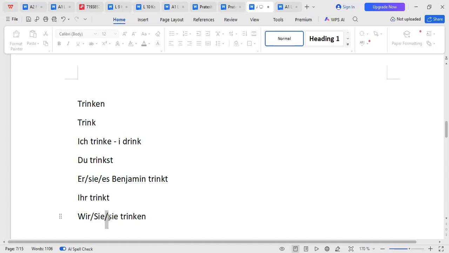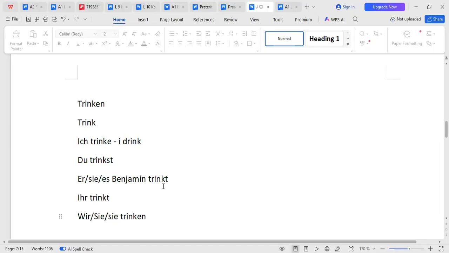Then this small s, sie, this is they. They are drinking, sie trinken. This small s means they. So somebody might ask a question: hello teacher, but now I'm seeing sie for they, which is a small s, and also sie for she is small s. How will I know? It is very simple. In very many cases the sentence will show it.